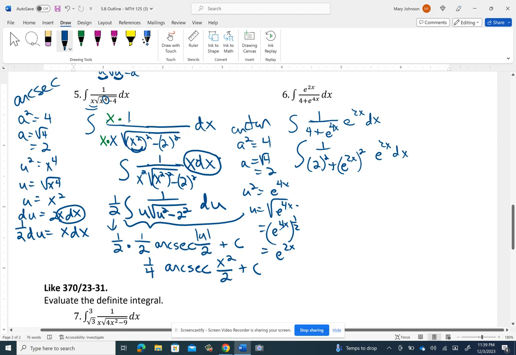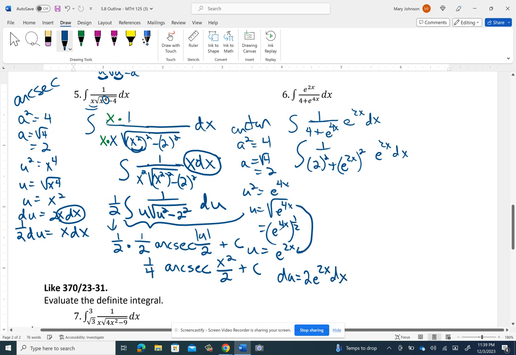Or you could have just thought, what could I raise to the second power to get that e to the 2x? Now once you have that u equals e to the 2x, make sure you do the du of that. It would be e to the 2x times 2.